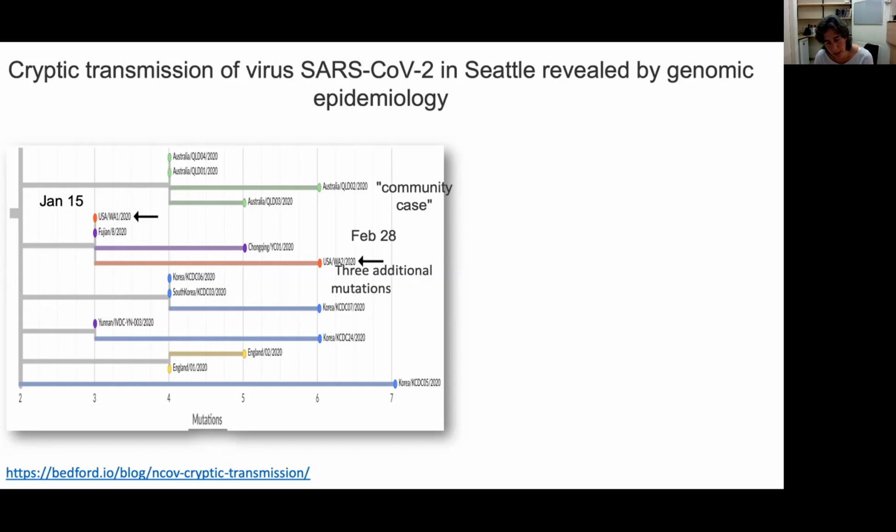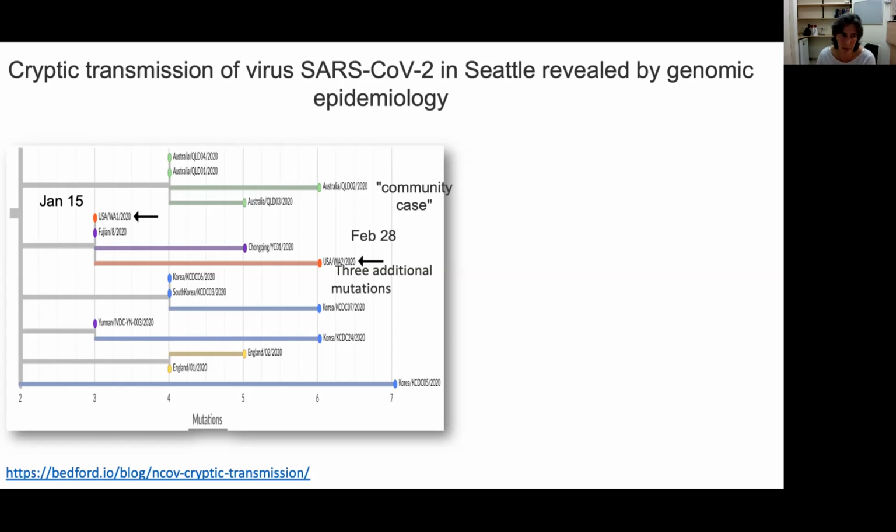When they looked at the rate of mutations in other isolates of the virus, they found that it has about 2 mutations in 1 month. So they concluded that this was the same introduction: an identical sequence with only 3 additional mutations that occurred in these 5 weeks.